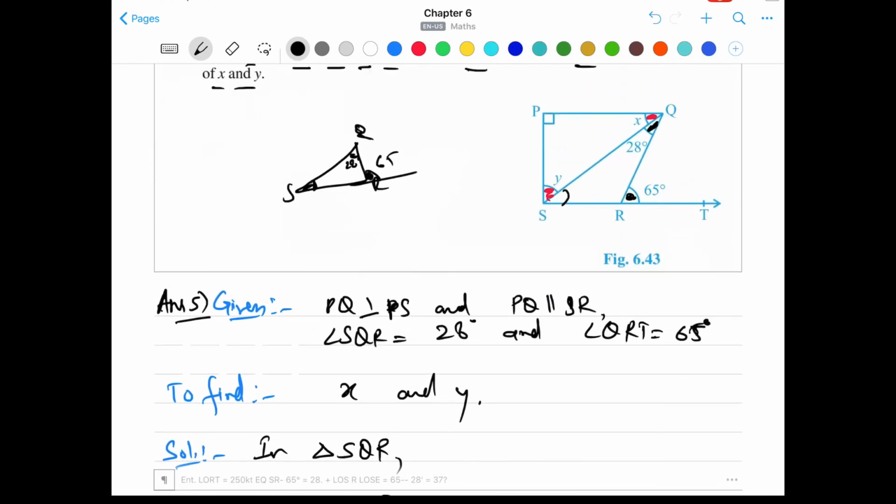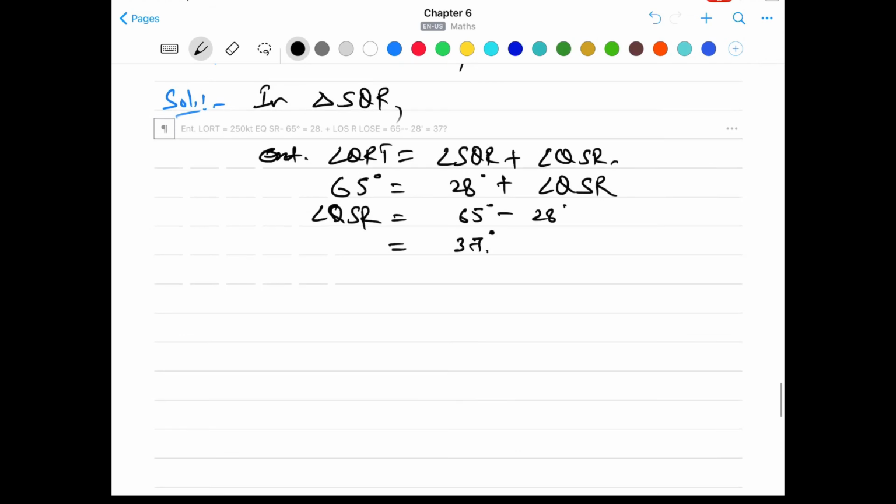Now since we got the value of this angle as 37 degrees, and in the question it's given that PQ is parallel to SR, and we will consider this QS as a transversal, therefore these two angles will be alternate interior angles.